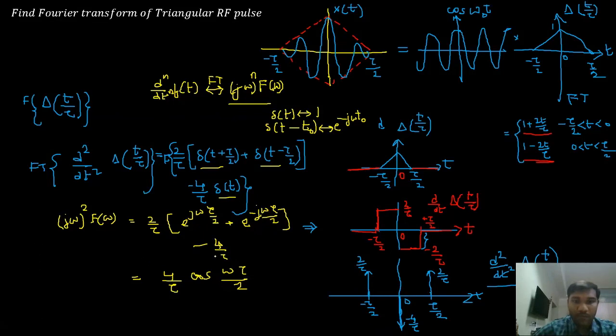Omega tau by 2 minus 4 by tau. So if I take 4 by tau common, it is something like this, right? Now this can be further simplified.